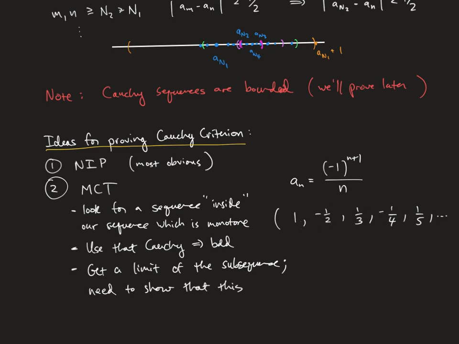Each of our subsequences both converge to 0, and 0, of course, is the limit of the full sequence. So you could make this work in general. If you can find a monotone sequence which converges inside your Cauchy sequence, then your original sequence is going to converge to that limit. So you need to show that this limit is the limit of the original sequence.